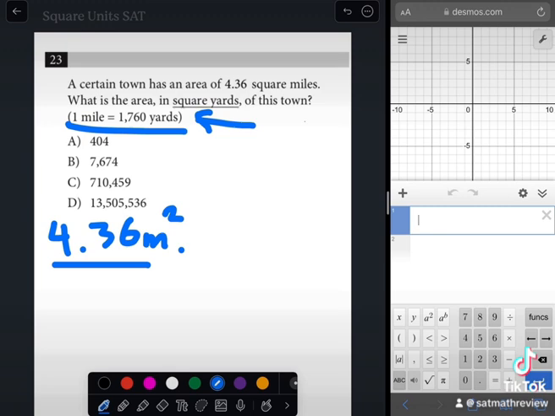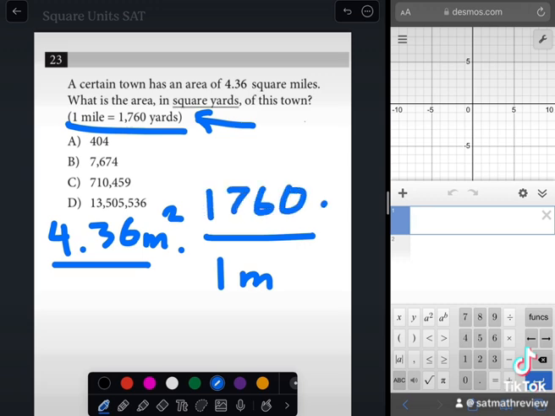We see we're given the fact that 1 mile is equal to 1,760 yards. But let's just remember for a second here that we're dealing with square units. If I want to cancel out my miles squared here, I'm going to have to square the miles on the bottom.